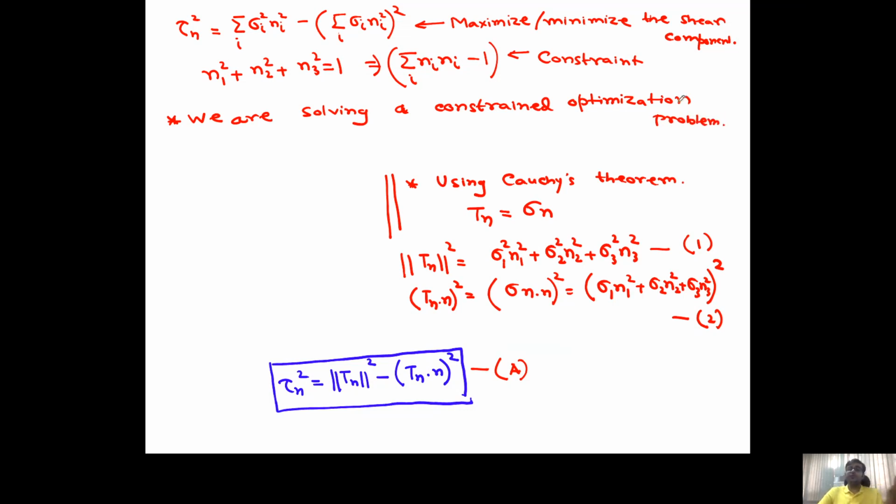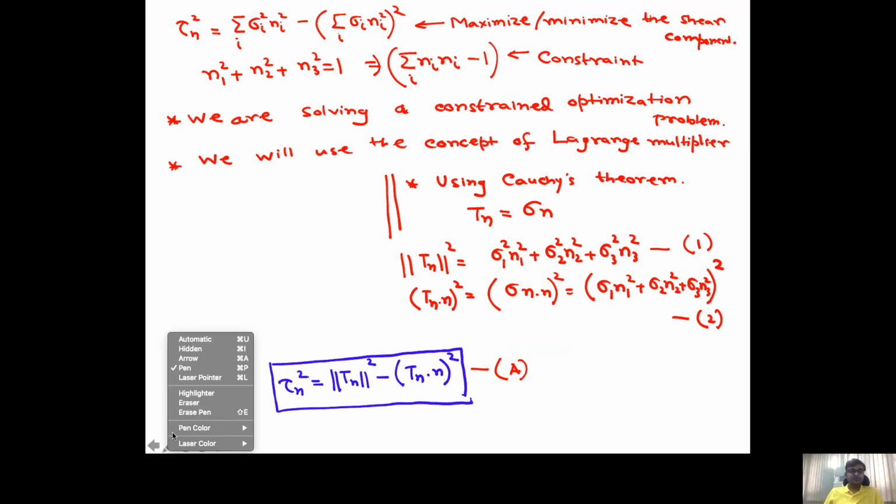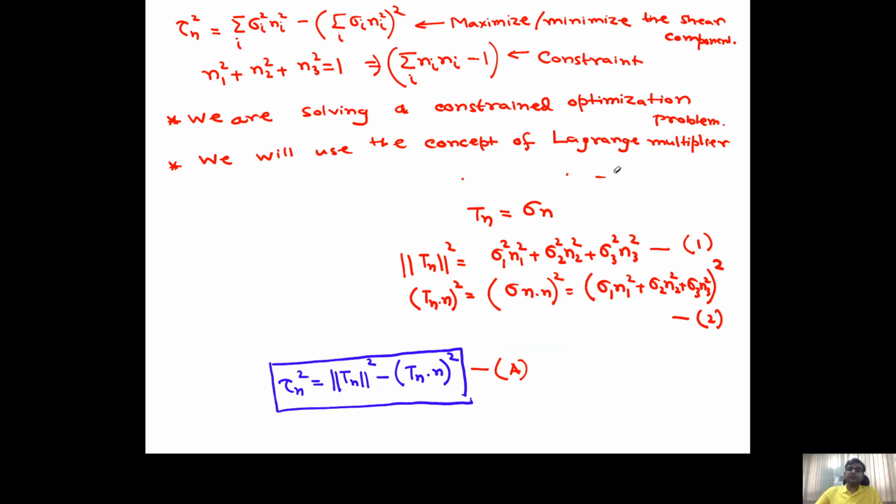Now, since we are solving a constraint optimization problem, we will use the concept of Lagrange multiplier. You remember Lagrange multiplier? We used it during the principal stress derivation, and we are going to use it again. So let me clear this space up again, and then we will proceed with the derivation.